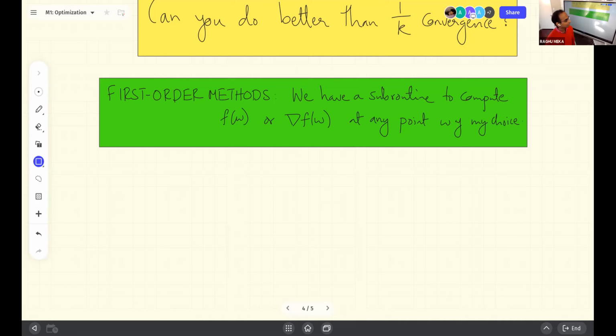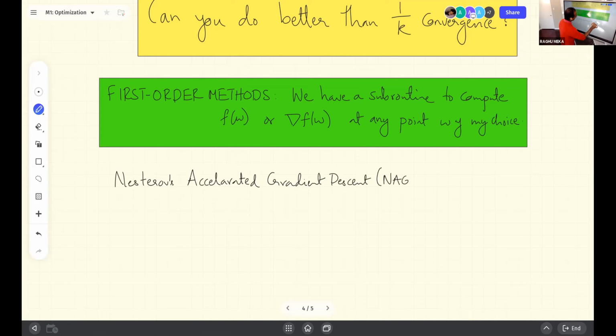And one of the landmark algorithms really is what is called Nesterov's accelerated gradient descent algorithm, or NAGD.